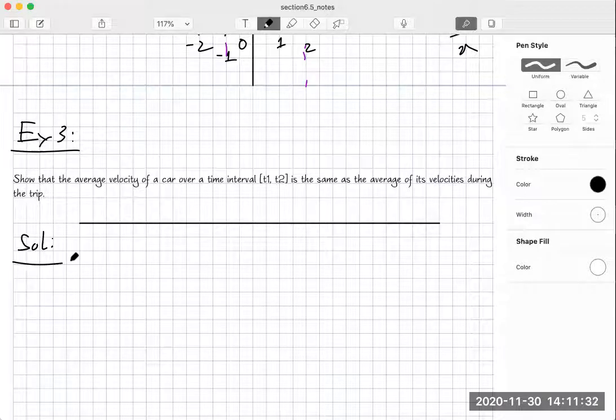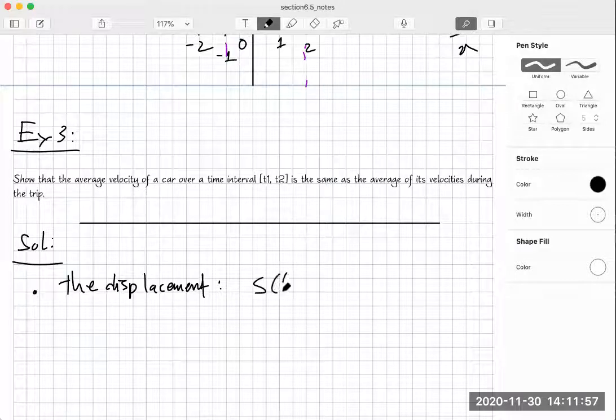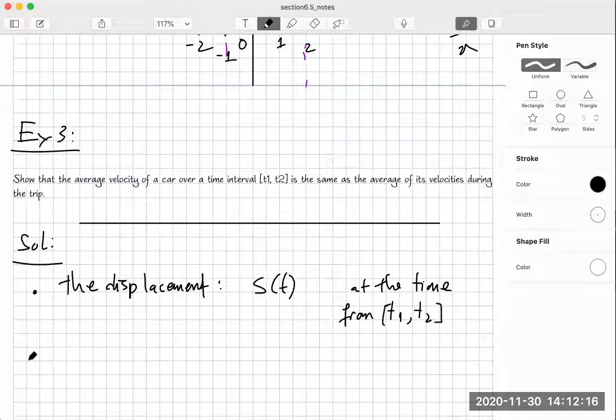So, reminder, if the displacement of the car is given by the equation S of t, from T1 to T2, then what is the velocity?